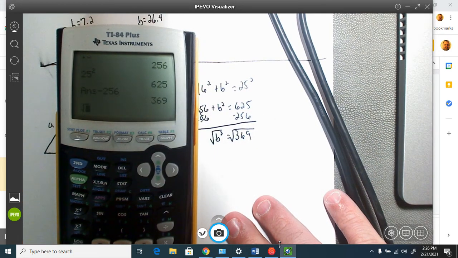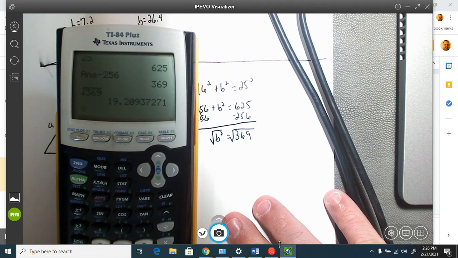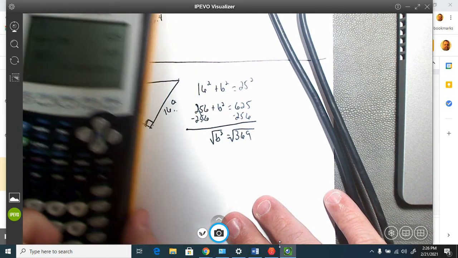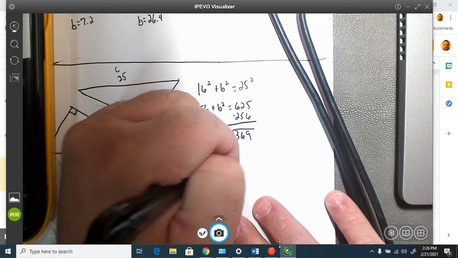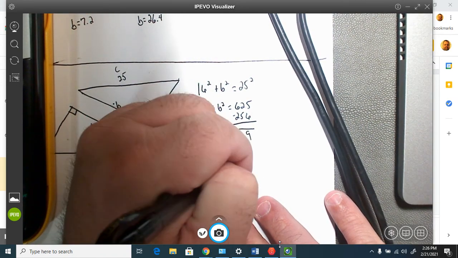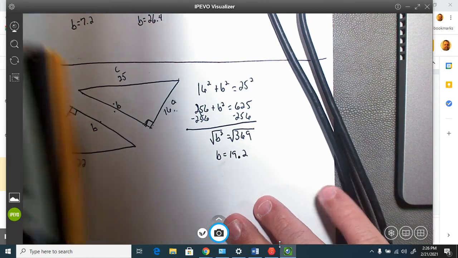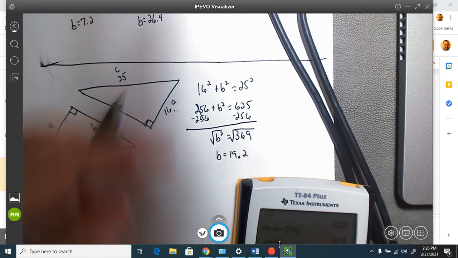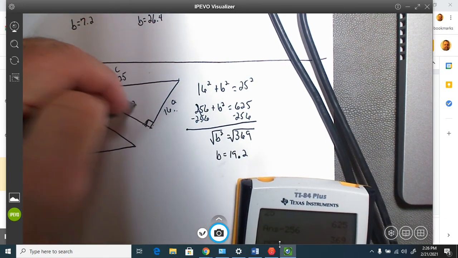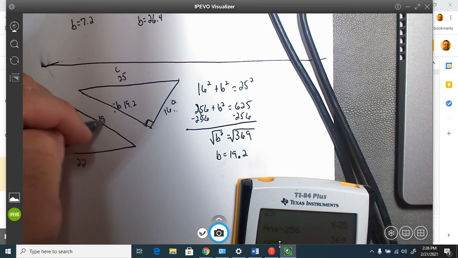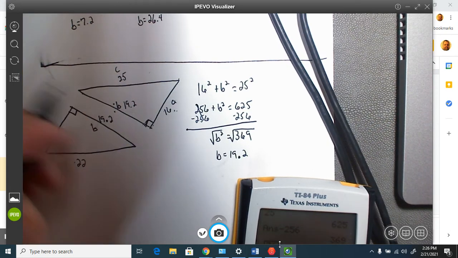The square root of 369 equals 19.2. We'll just approximate here. So B is 19.2. That means this down here is 19.2.